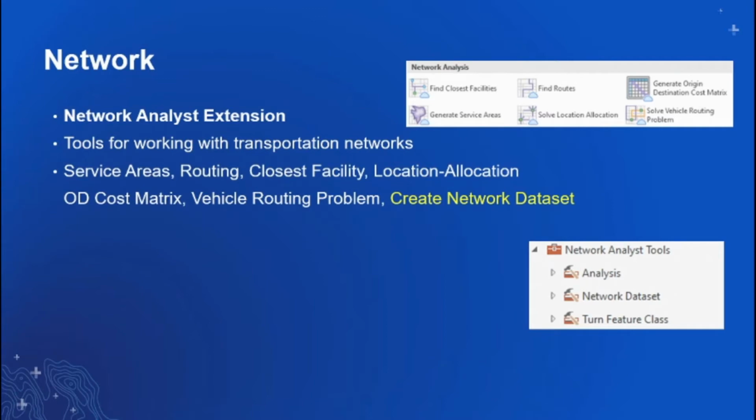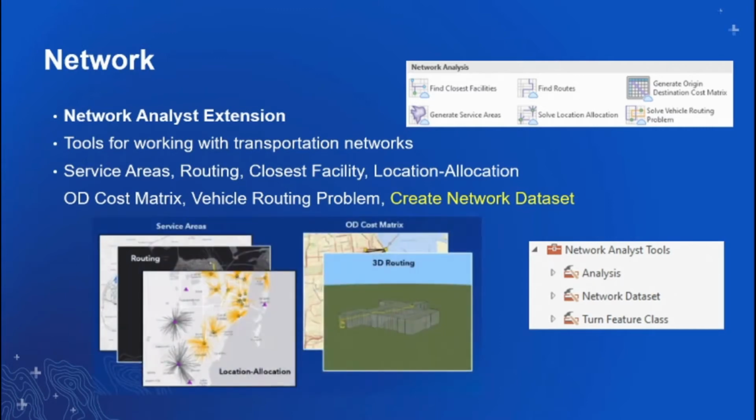Now, which tools are we talking about? We're talking about tools like service areas, tools that allow you to do routing between two particular locations, tools that allow you to find the closest facility next to a particular incident, or even something like a location allocation problem where you need to assign facilities to demand points, or an origin destination cost matrix, to find out the least cost path between two particular locations, and basically solving things like routing problems and creating network datasets.